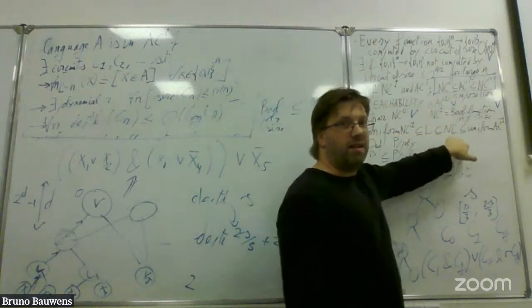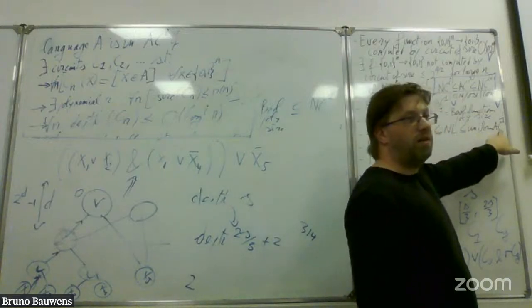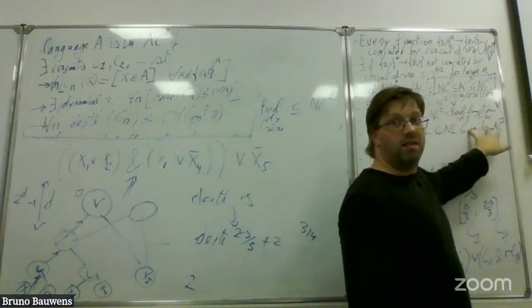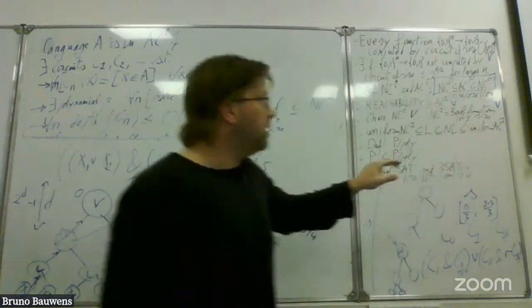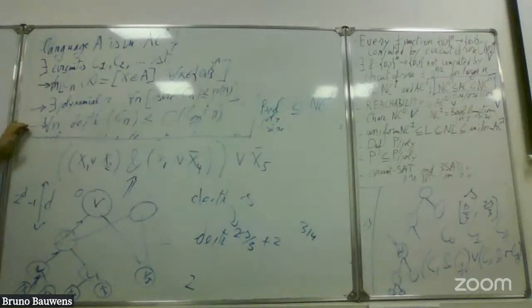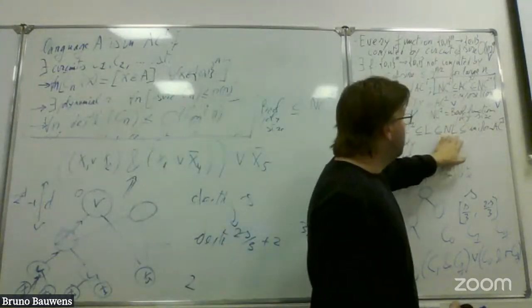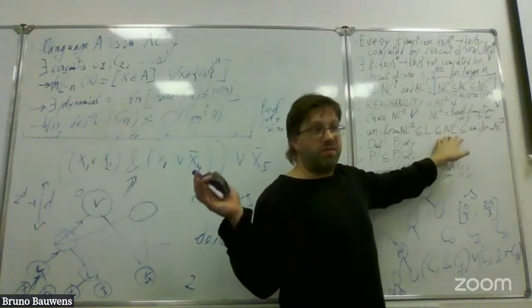L in NL is clear. And then NL is in uniform AC1. So what is the idea here? The definition of uniform AC1 is clear. So given a problem in NL, how can we build a circuit? Here we need to understand that NL can be viewed as graph reachability.